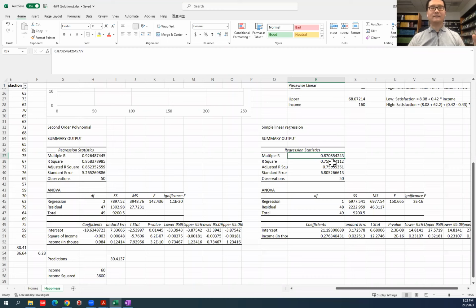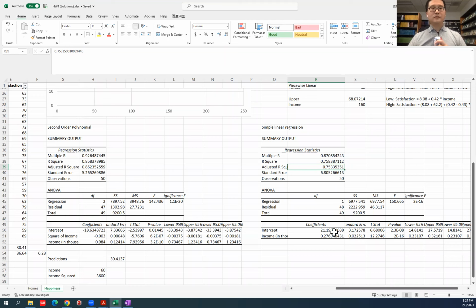That's what we practiced last time. It also has a lower R squared, also lower adjusted R squared. It means that the error term in the simple linear regression model has a larger variation that's not accounted for in this model.